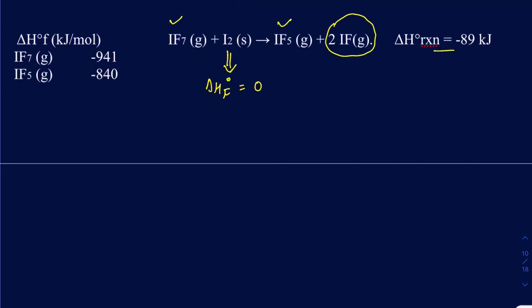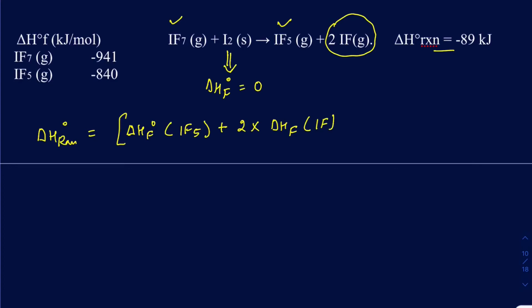Okay, so now let's go ahead and plug those values in, or let me just write that out first. Delta H of the reaction is going to be equal to the delta H formation for IF5 plus 2 times the delta H formation for IF.